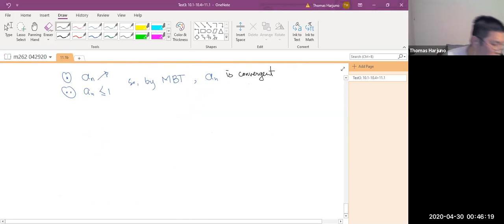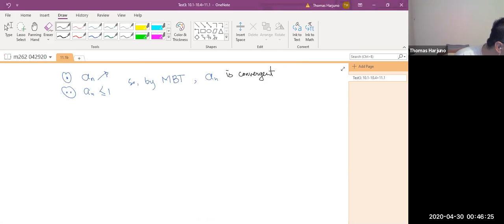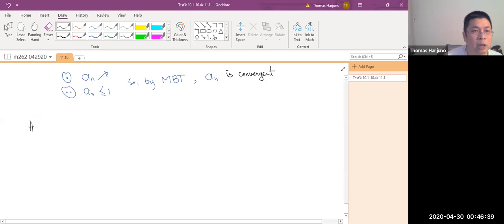I would like to do a couple more problems from this section. I don't think this type of question will show up in my test 3, and in fact I don't think it will show up in any of my tests, unless I give it to you as a bonus question. Question number 79.